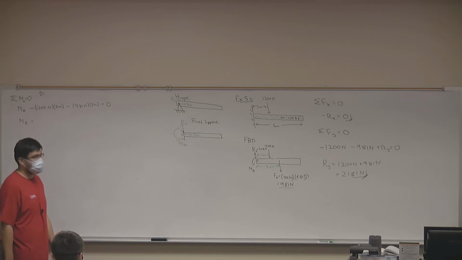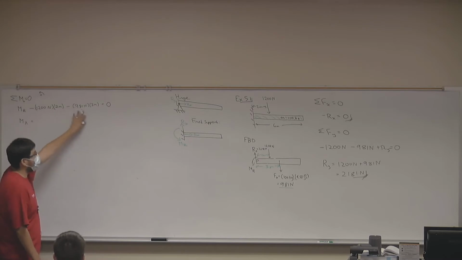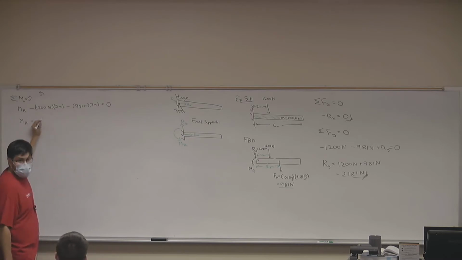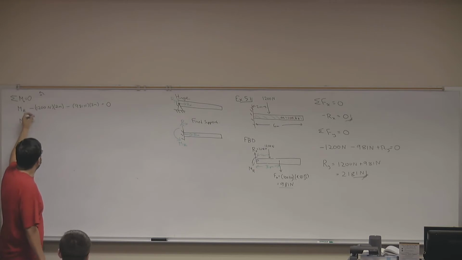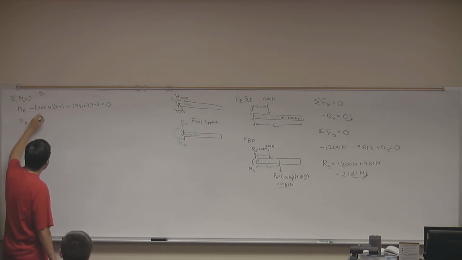Thank you. All right. So what is this moment equal to? The total thing. 2,943 plus 2,400. 5,343. Units? Newton meters. Thank you.